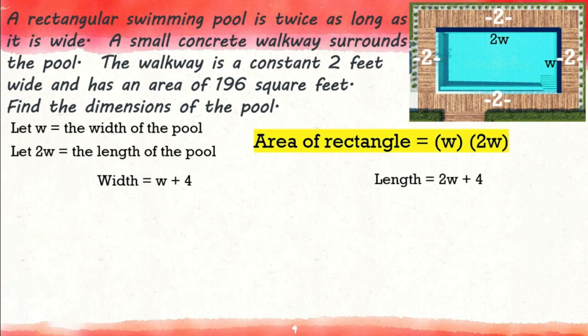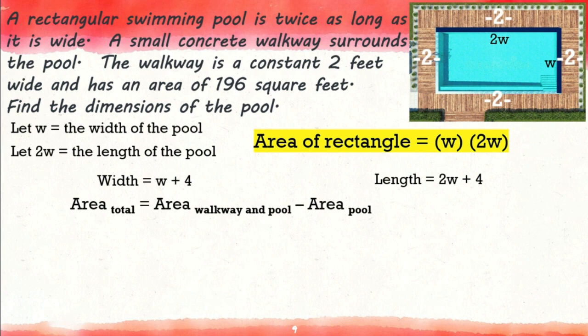In this case, we have two areas. We have the area of the pool and the area of the walkway and pool. So we will have total area equals walkway and pool area minus the area of the pool. In order to find dimensions, we need to use the two different areas.